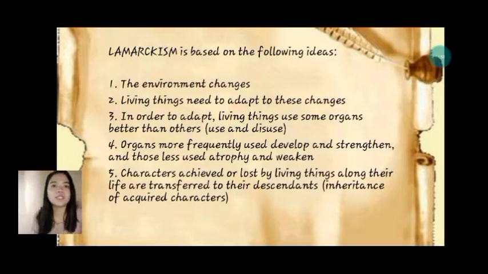And the fourth one is, organs more frequently used develop and strengthen, and the most less used atrophy and weaken. And the fifth one is, characters achieved or lost by living things along their life are transferred to their descendants in inheritance or acquired characteristic.